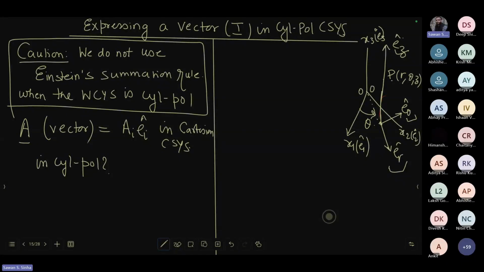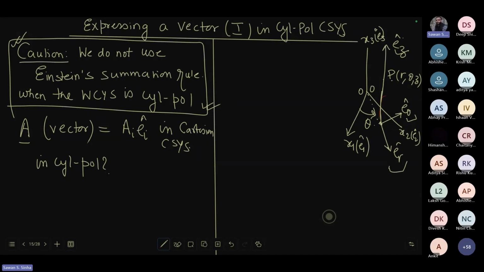Now a word of caution, very important. We will not use Einstein's summation rule when the working coordinate system is cylindrical polar. There is an advanced version of Einstein's summation rule that can be employed even for cylindrical polar coordinate system, for that matter any coordinate system. However, we are not going to study those advanced aspects.